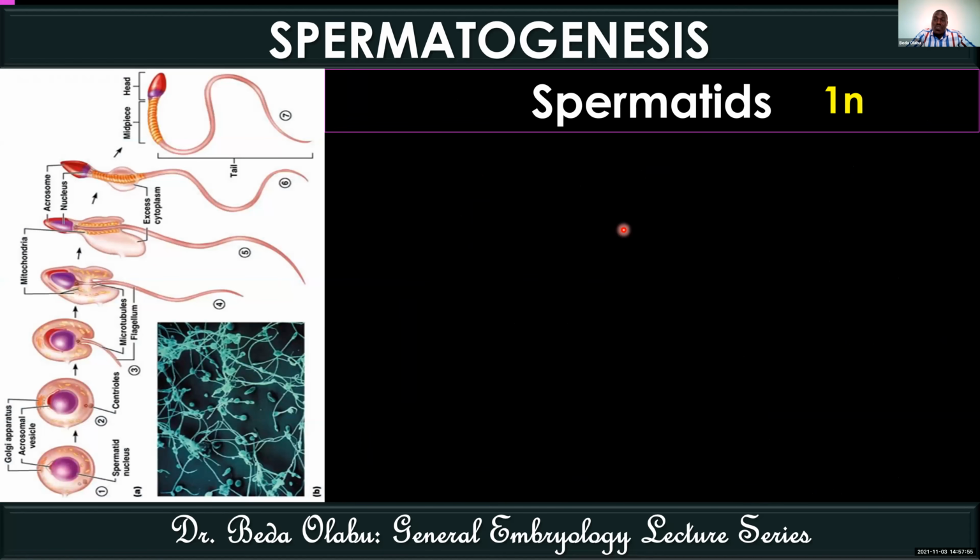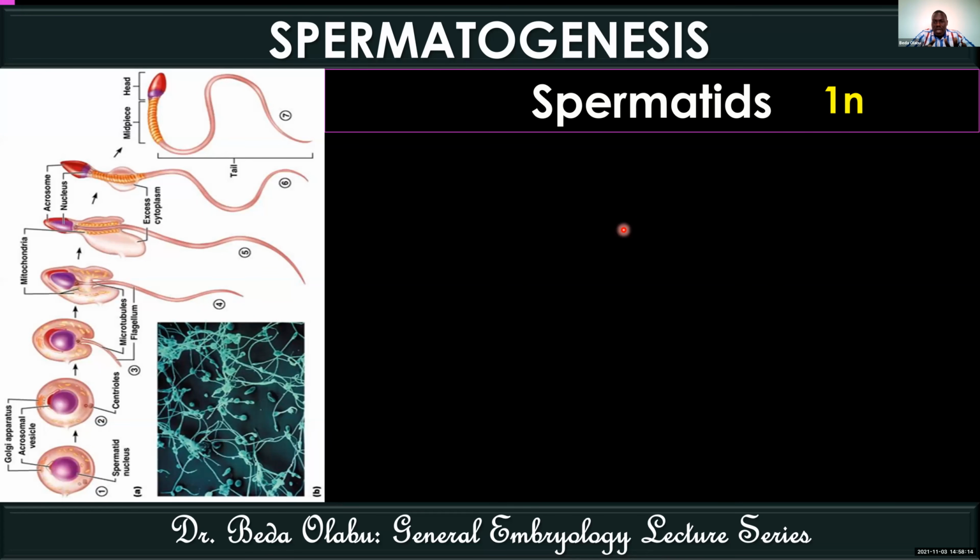Now let's look at phase 4 of gametogenesis. With regard to spermatogenesis, we mentioned that phase 4 of gametogenesis involves morphologic and functional maturation processes.